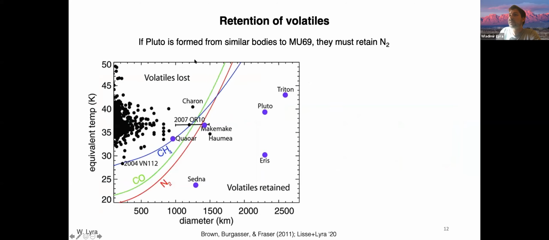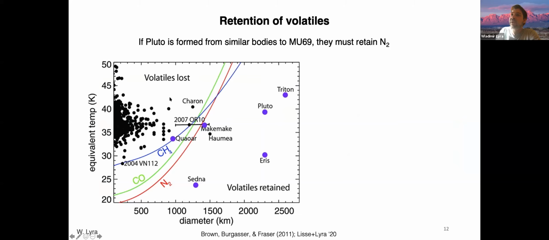So one of the best explanations for that is the fact that you can maintain these hypervolatiles only if the temperature is much lower than what their equilibrium temperature is now. Pluto and MU69 are of course quite cold, right? The temperature is 42 Kelvin, which is about here. But to maintain these ices, you need even lower temperatures than that.